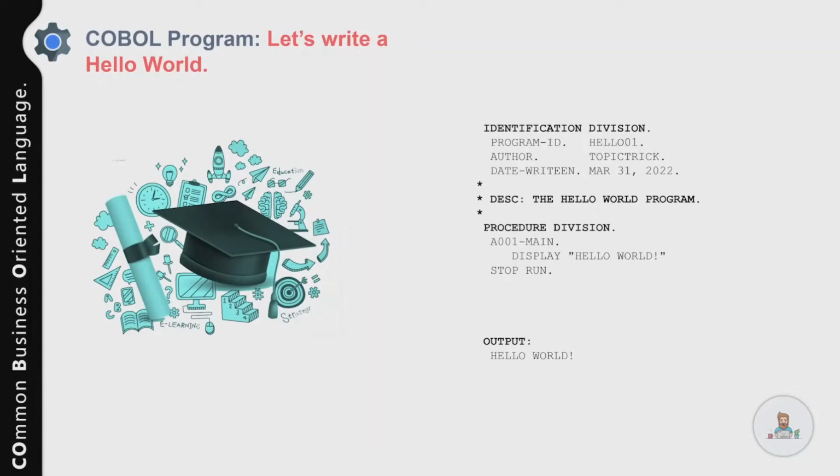After that, I've included a brief description about the program. Thereafter, I have the procedure division, which includes my business logic, and there's a paragraph called A001-MAIN, and in that particular paragraph, I've used the DISPLAY statement to print hello world in spool. So when you compile and run this program on IBM mainframe, the output would be hello world.